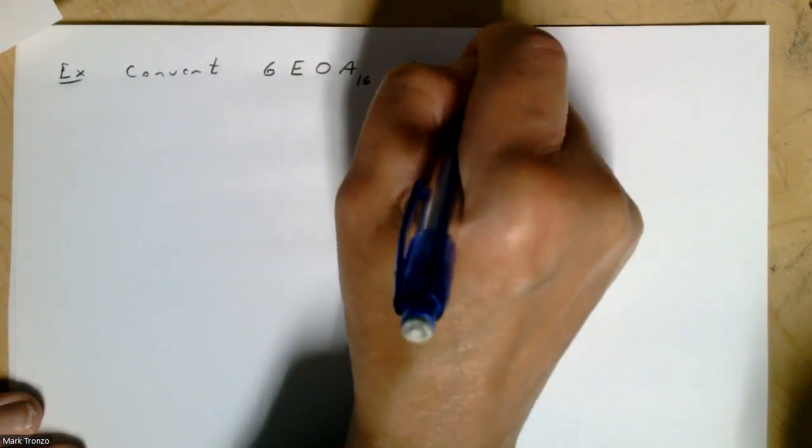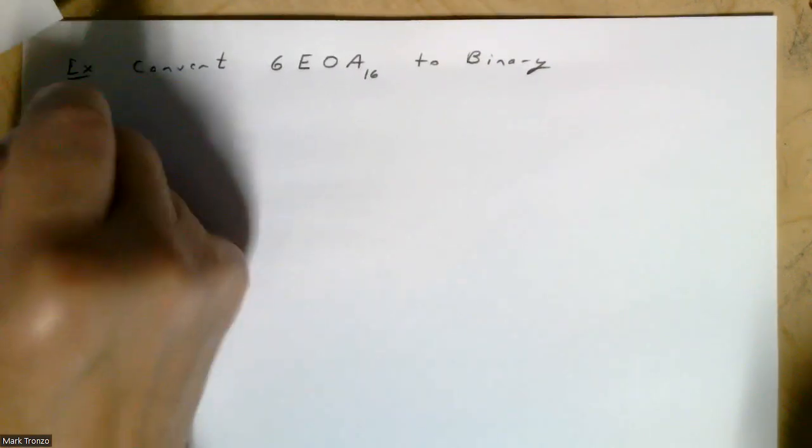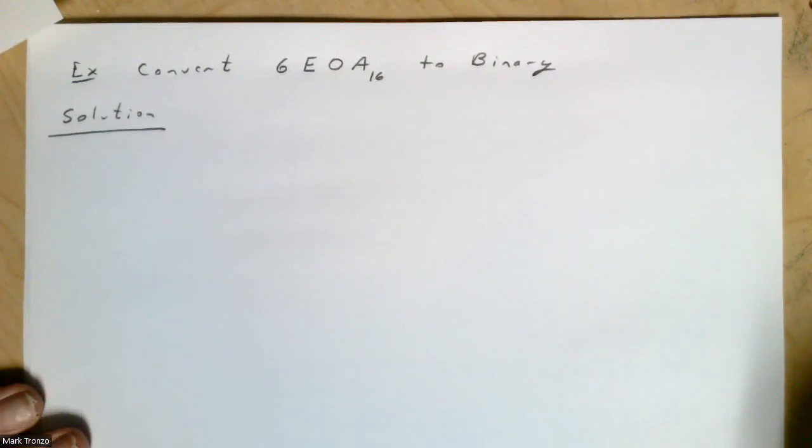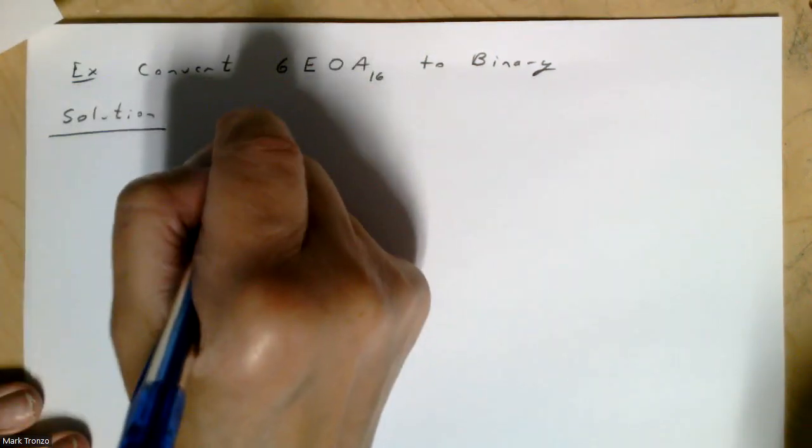Convert 6E0A to binary. So once again, just take each one of these.